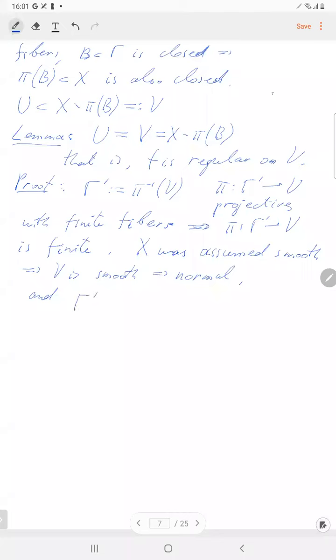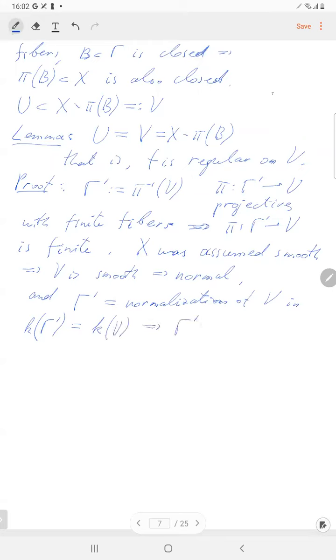Gamma prime is the normalization of V in the field of fractions of this ring, but V is normal, and the field of fractions is the same.